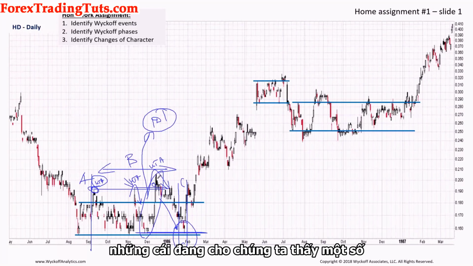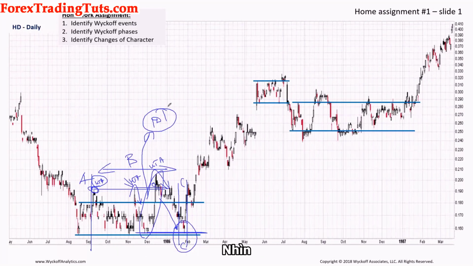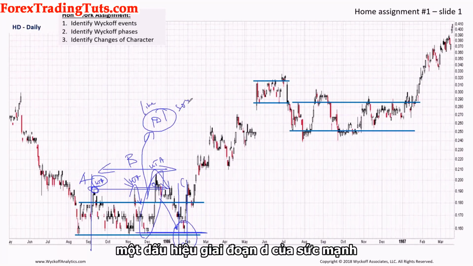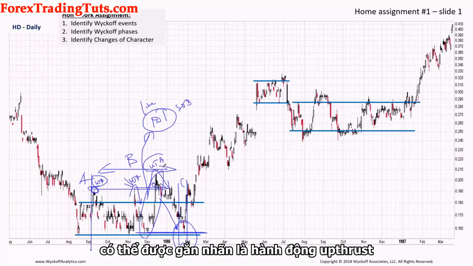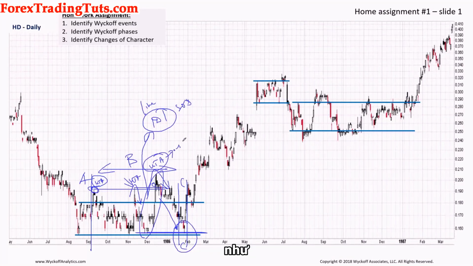The ones that are showing us some bullish activity and that are going to look like a phase D sign of strength could be labeled as upthrust action with a minor sign of strength.